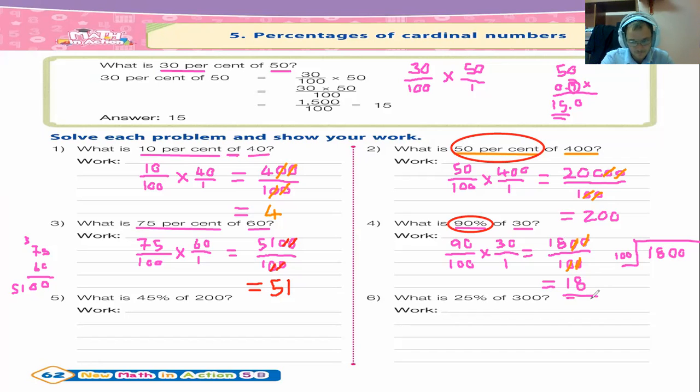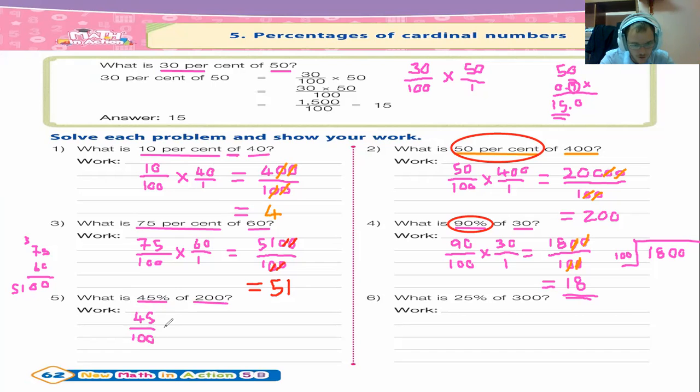Okay. Second last one, number 5. Let's have a look here. First, we read. Always read carefully. 45% of 200. So I think that should be around 90, if my calculations are right. Let's see. 45 over 100.